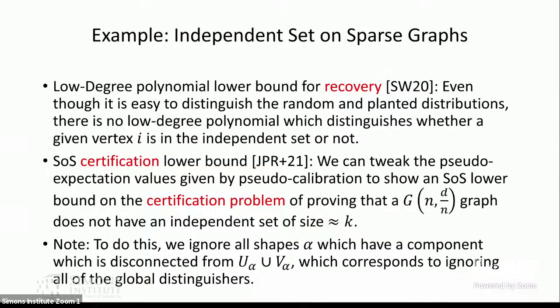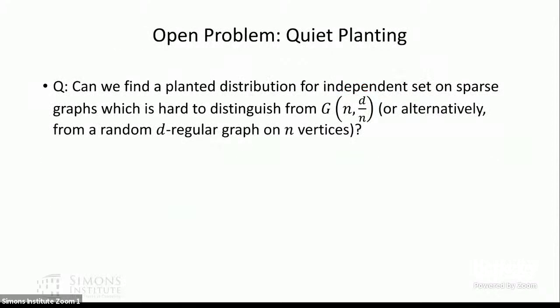And for sum of squares, we recently showed, so this paper will be posted in a few weeks, that even though pseudo-calibration fails, we can tweak the pseudo-expectation values to prove a sum of squares lower bound on the certification problem, proving that this random graph does not have this large independent set. So the open problem here is, can we find a planted distribution for independent set on sparse graphs which is hard to distinguish from G(n, d/n)?